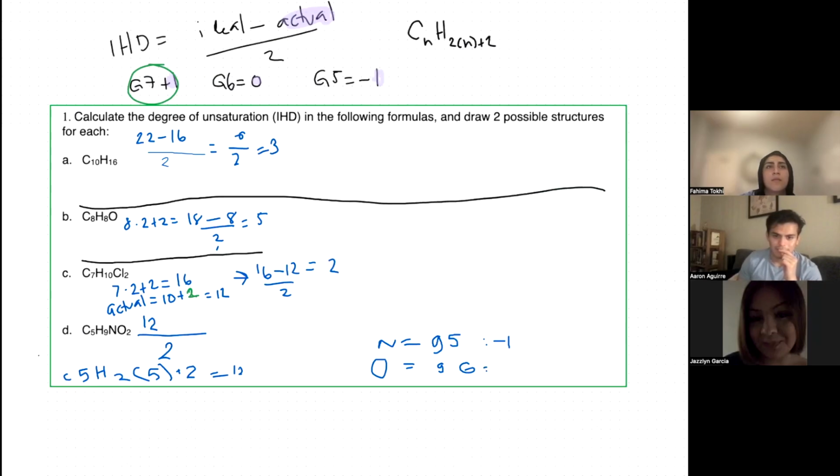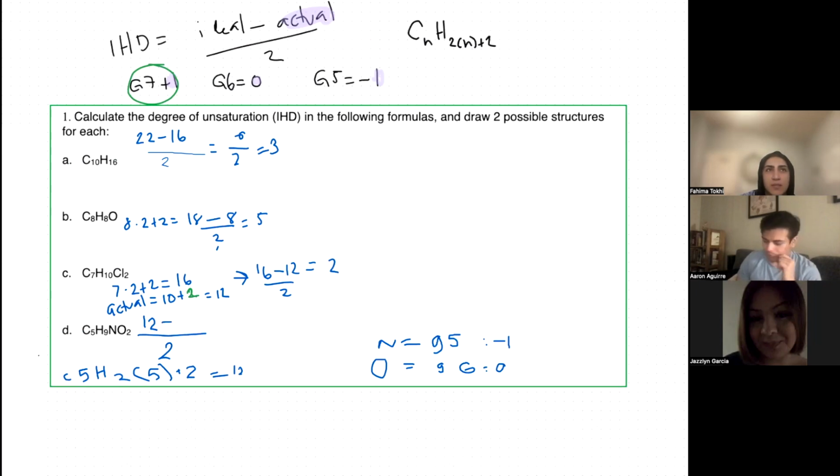That is your actual, but you're taking away 1, so it's going to be 8. 12 minus 8 is 4. 4 over 2 equals 2.